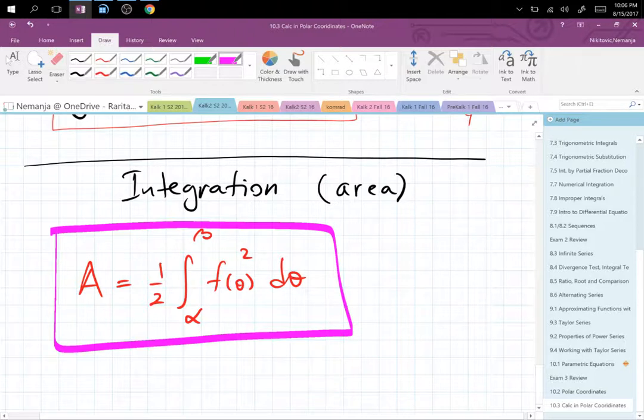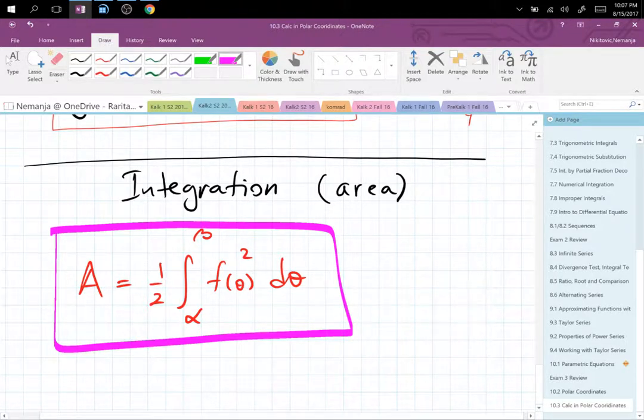Now, if you are wondering if this dimensionally makes sense to be area, it does, because d theta doesn't have a dimension to it. It's not a unit, it's not length. Angle is a ratio of two lengths. Therefore, it has no unit. Yes, we say radians and degrees, but those are divisions. They're not a unit of length like inches or meters or centimeters.